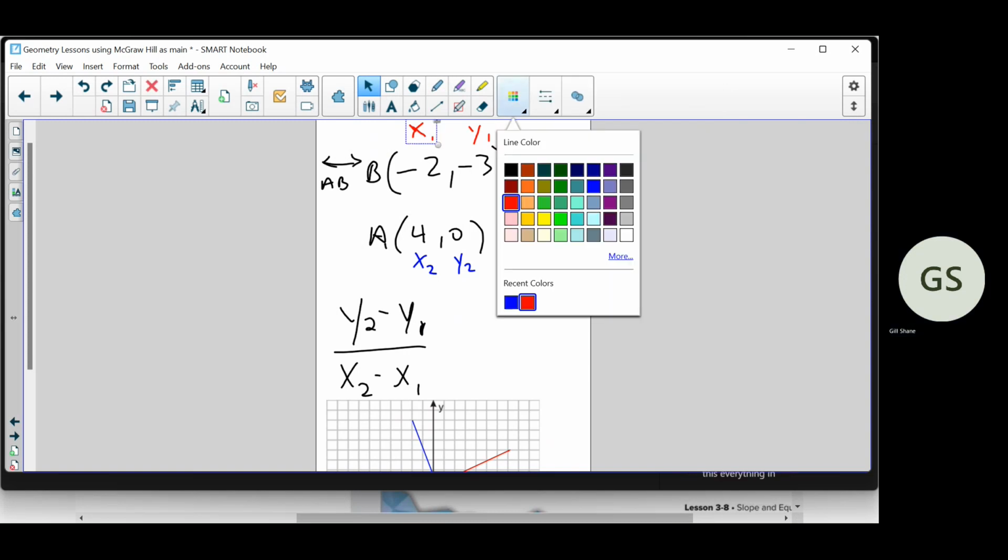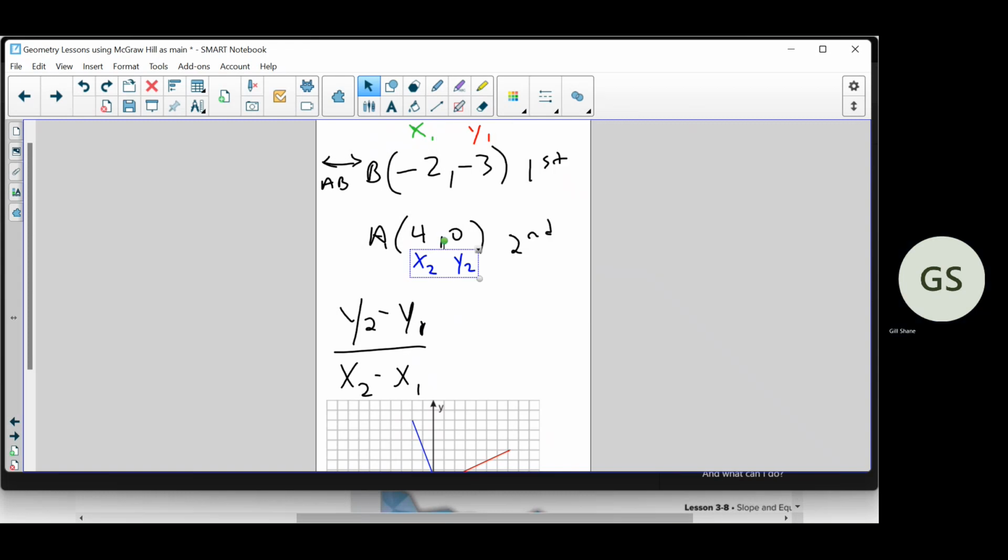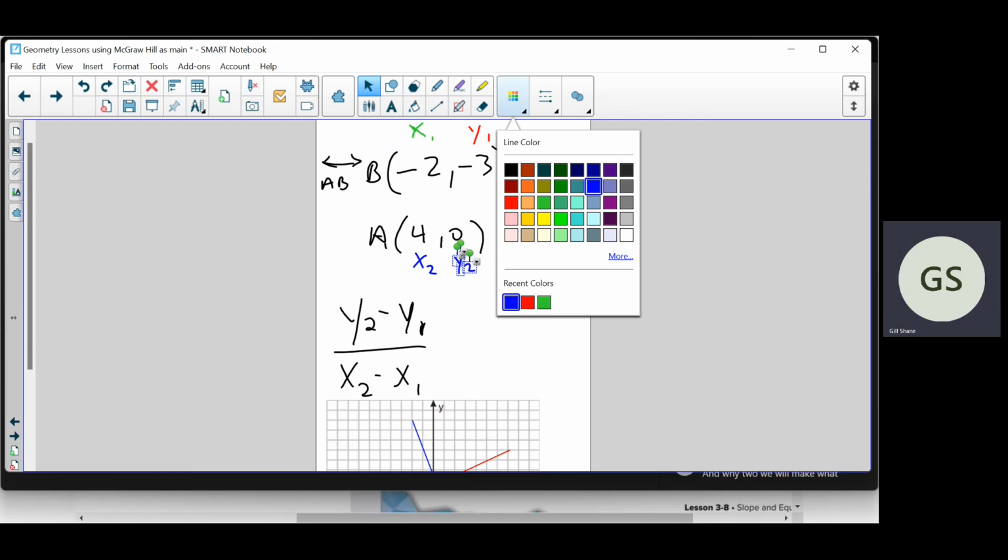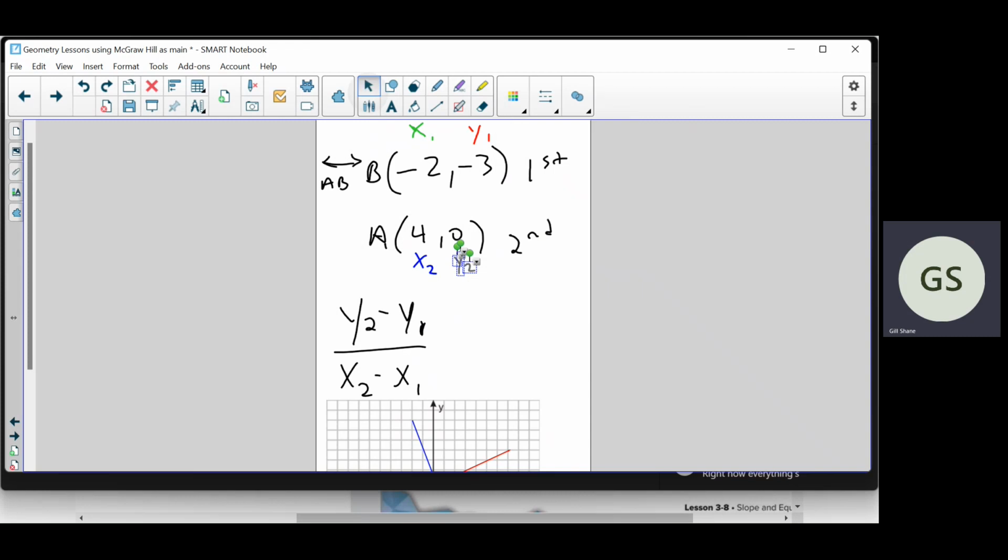Everything in different colors, green. And y2, we will make, what do we not use? Blue, green, red. I guess we can go with dark gray. All right, now everything's color coordinated.